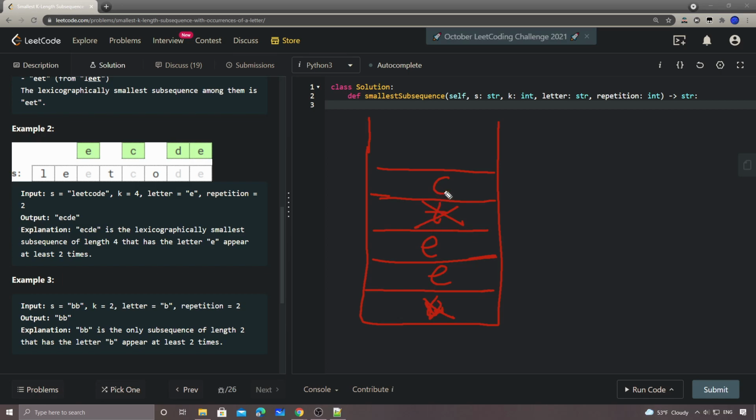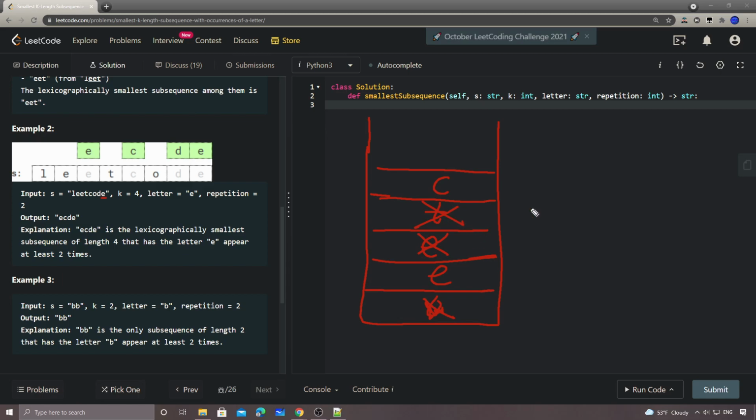And if we continue, C is also smaller than E, so that's why we can pop this E. But keep in mind that every time we pop a letter out, we need to make sure we have enough remaining letters for this repetition. For this case we can, because we know we have another E after the C, and the repetition is 2.